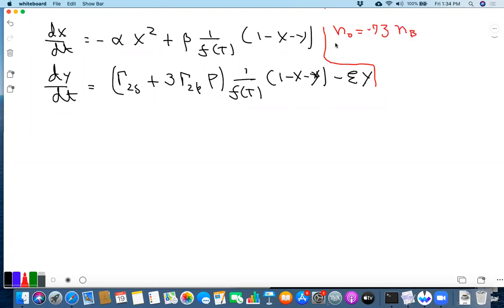This is the total number of electrons, or equivalently the total number of protons. And X and Y we had already introduced earlier. X was given by the number of free protons divided by N naught, and Y was the number of N=1s hydrogen atoms divided by N naught.